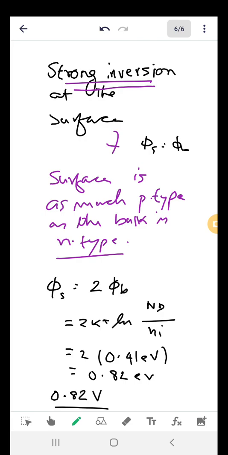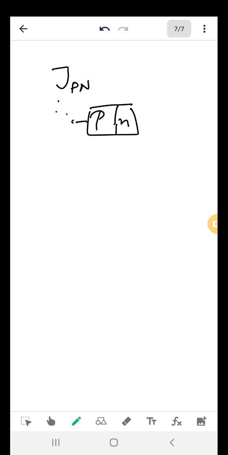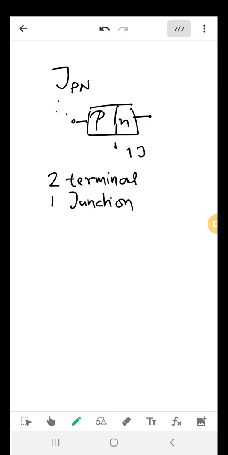Now, a PN junction is basically a P-type and an N-type coming together. So it has two terminals; this is one terminal and this is the one junction. So it's a two-terminal, one-junction device.